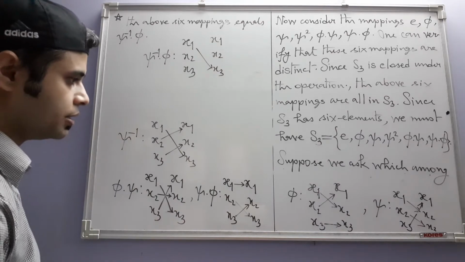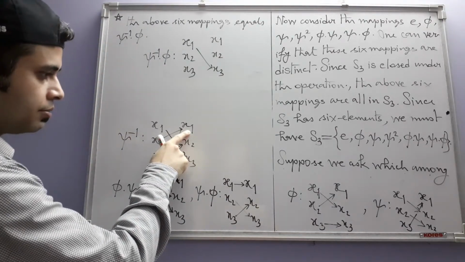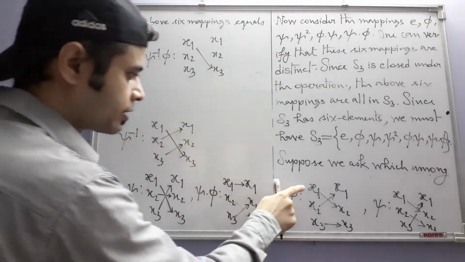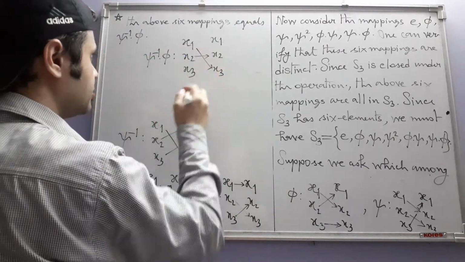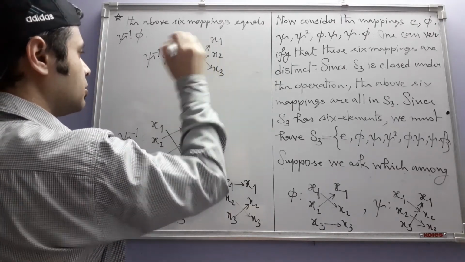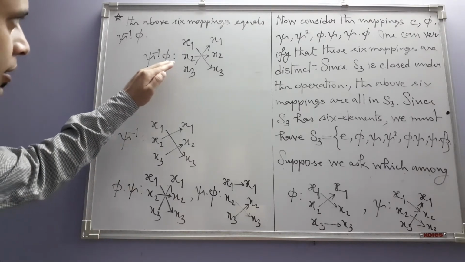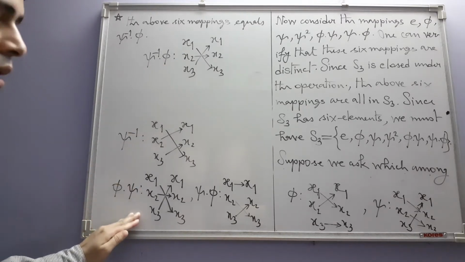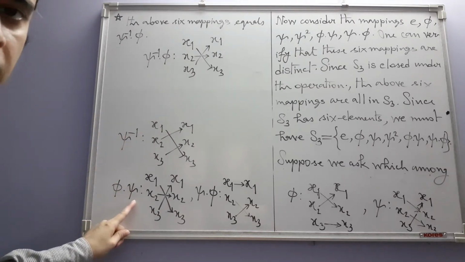Then x2 is taken to x1 by psi inverse, then x1 is taken back to x2 by phi. So x2 is unchanged, and hence this has to be the case. So you can see that this mapping is actually equal to this mapping.